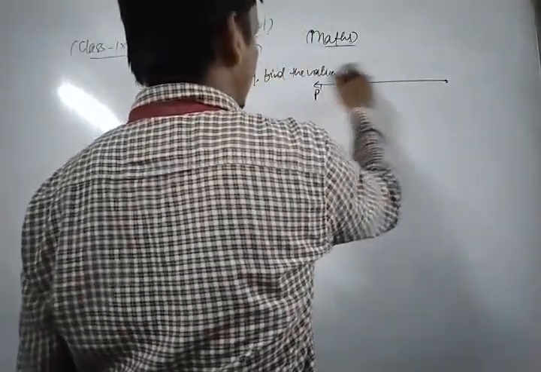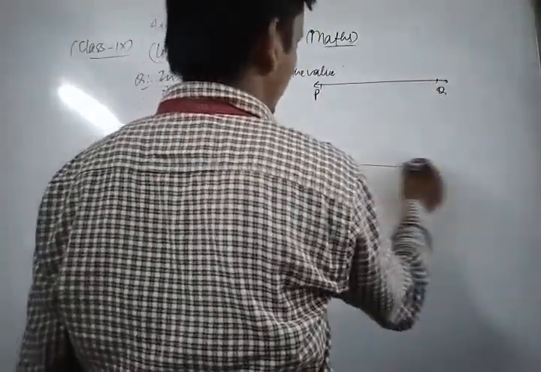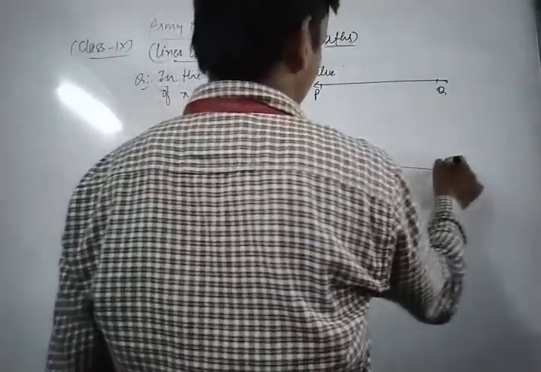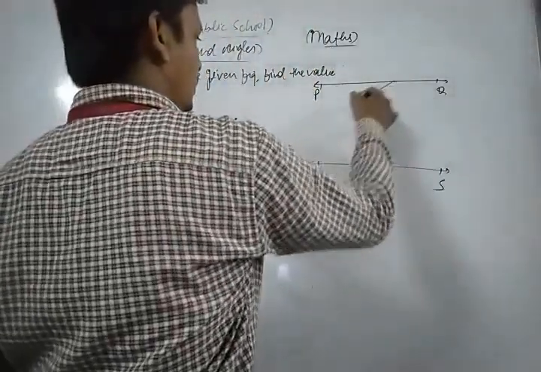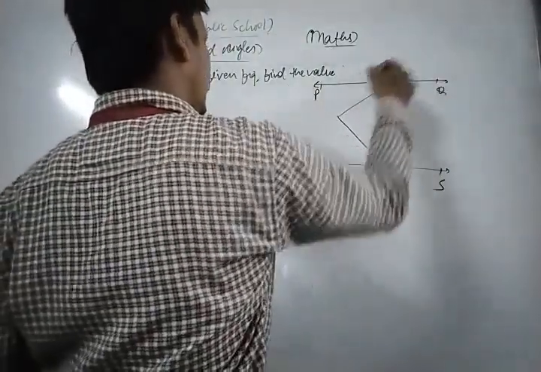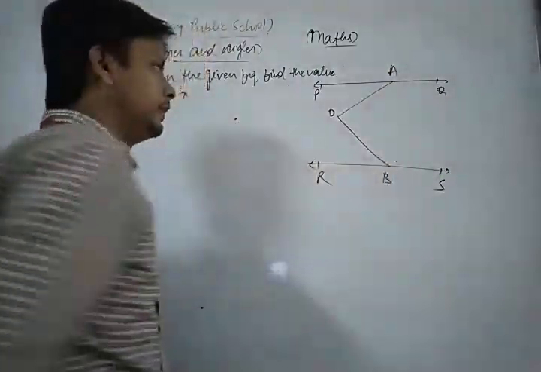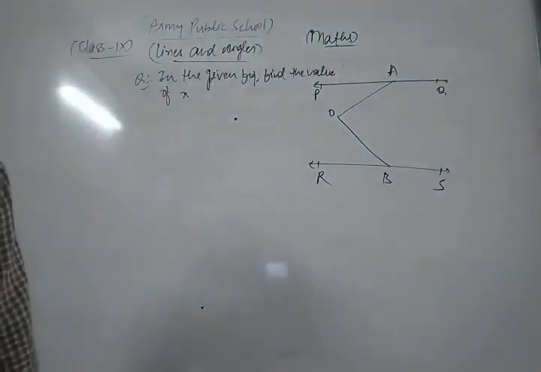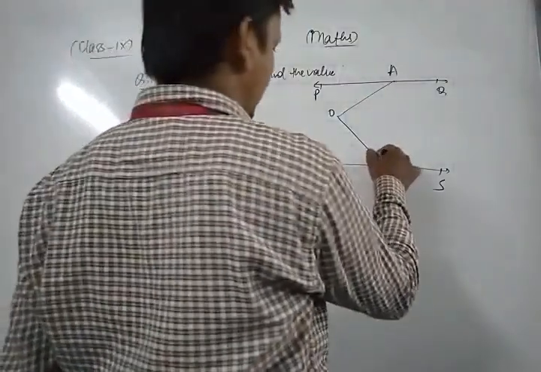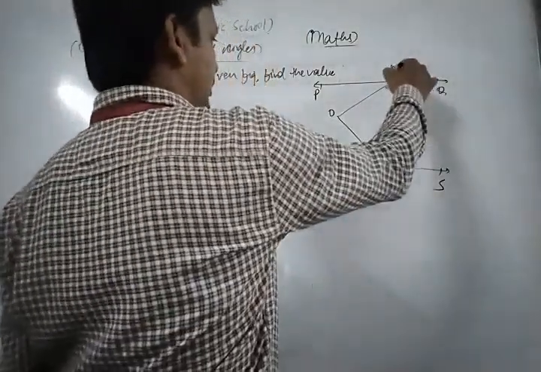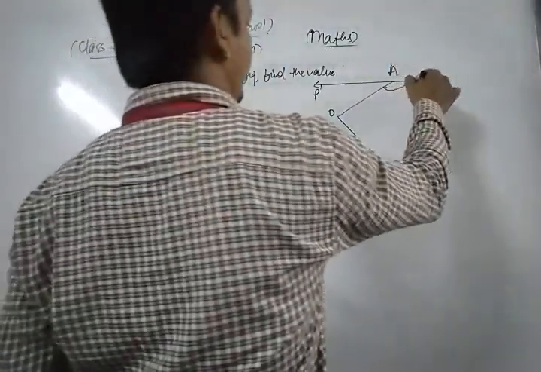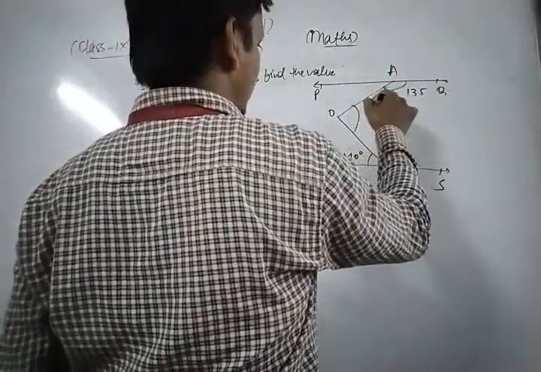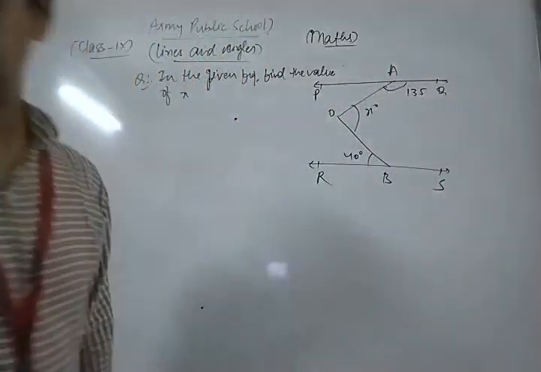This is PQ, RS, and O, A, B. This is a very important question of your NCERT exam. This is 40 and this is 135.